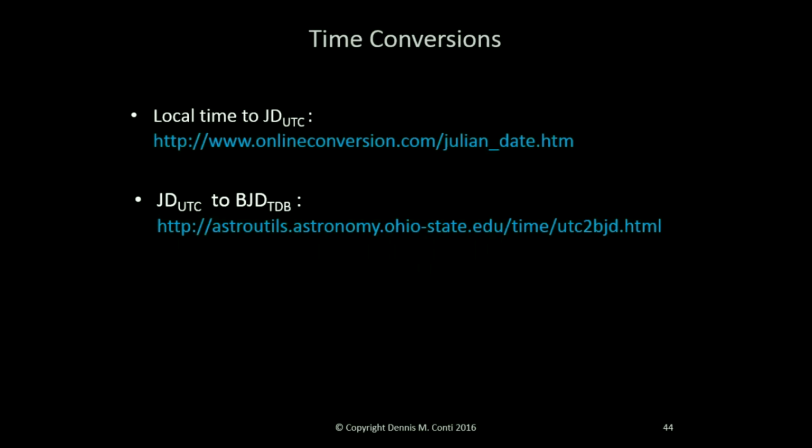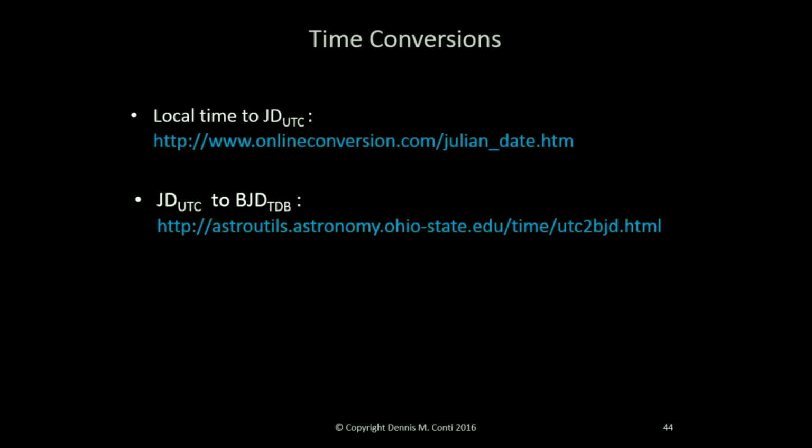There are a couple of good websites for doing conversions, for example, from local time to Julian date universal time, as you see here, and also for converting from Julian date to barycentric Julian date. These online resources are useful.